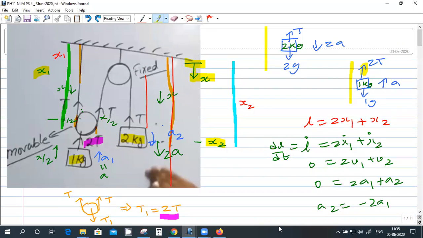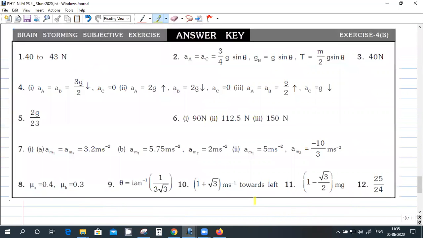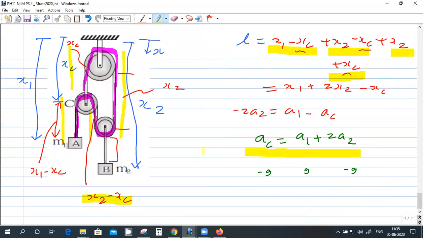So we get one constraint relation relating a1 and a2. If you fix one of them, the other one is fixed. Here you have 2 quantities and one constraint, so if one is fixed, the other is fixed. Here we have 3 quantities and one constraint, so if 2 of them are fixed, the third one is fixed. Right?